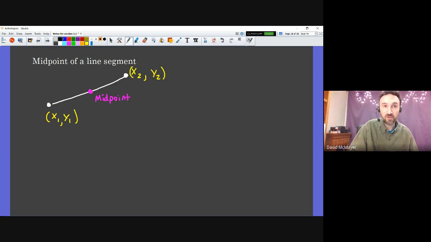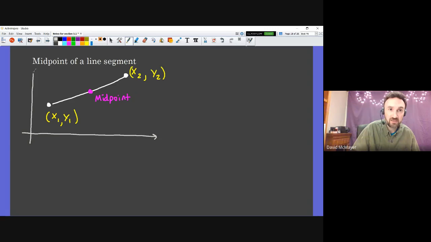Now, if we're talking about coordinate points, we should have the coordinate plane drawn in too. So I'm just going to draw in a sketch of the coordinate plane of our x-axis and our y-axis. Now the midpoint, that midpoint is like the middle, okay?